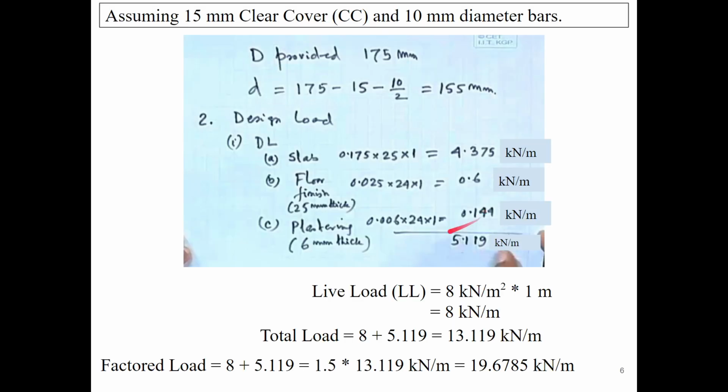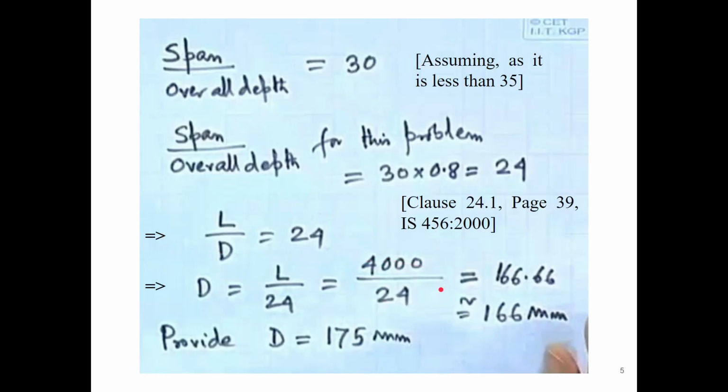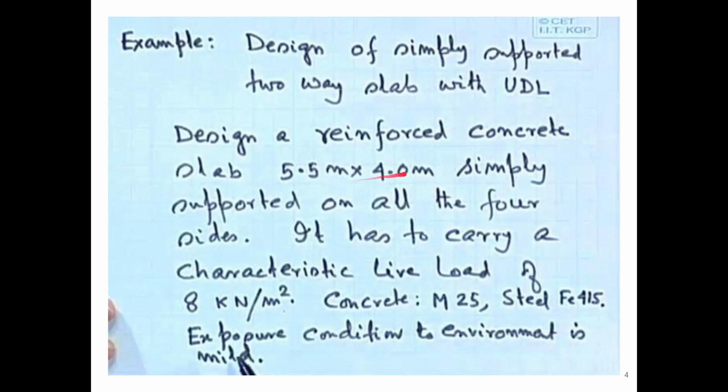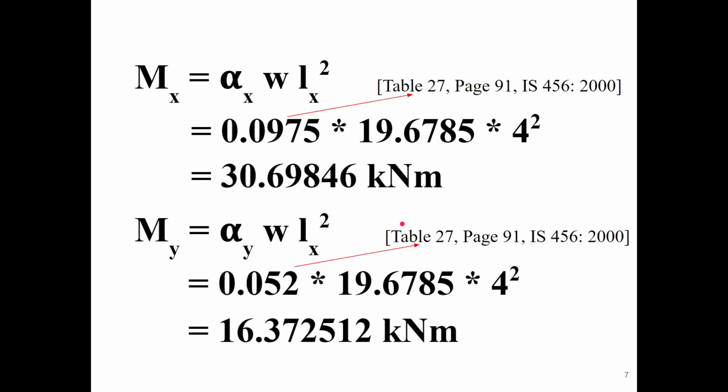We will be using the ly by lx ratio, that is 5.5 by 4. Ly is 5.5, lx is 4. Corresponding to that value, we will get alpha x and alpha y from this table.